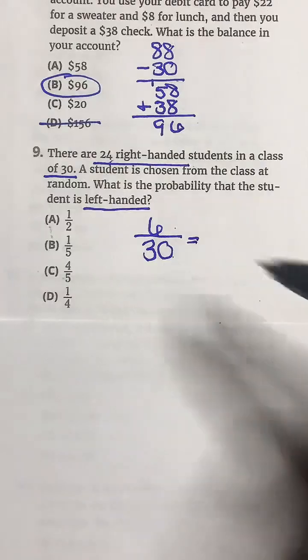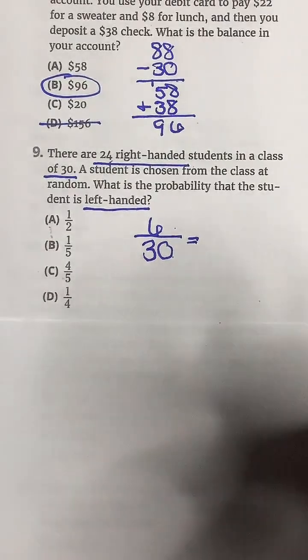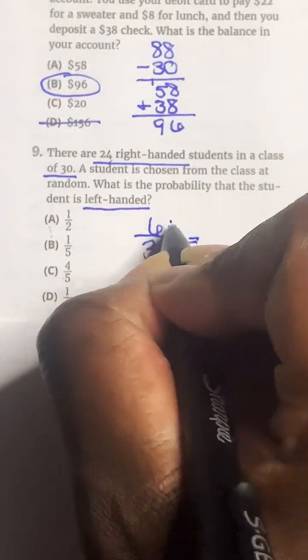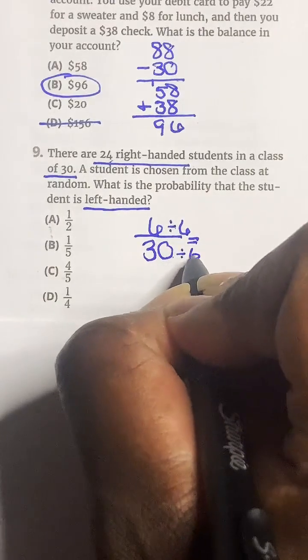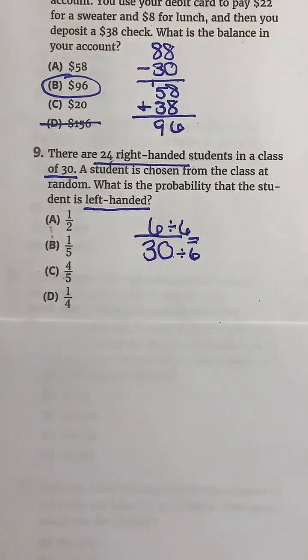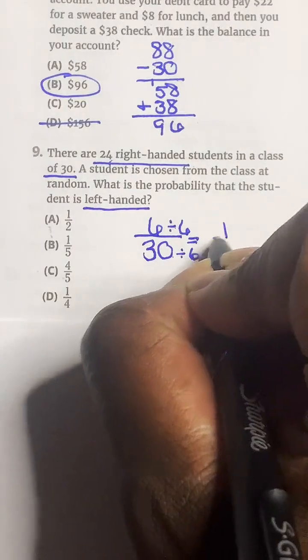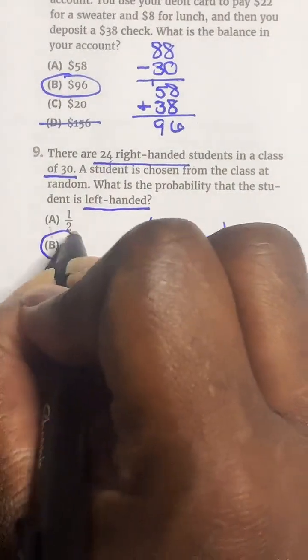What does 6 and 30 have in common? 6. I know some people are like 3, but is that the greatest? So the greatest is going to be 6. So to simplify, you divide the numerator and denominator by our 6. So that gives us 1/5, which our answer is B.